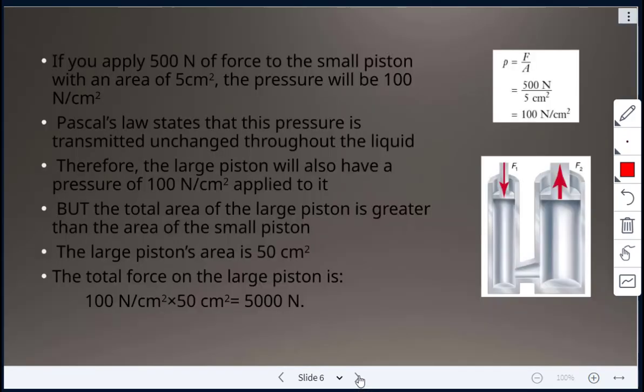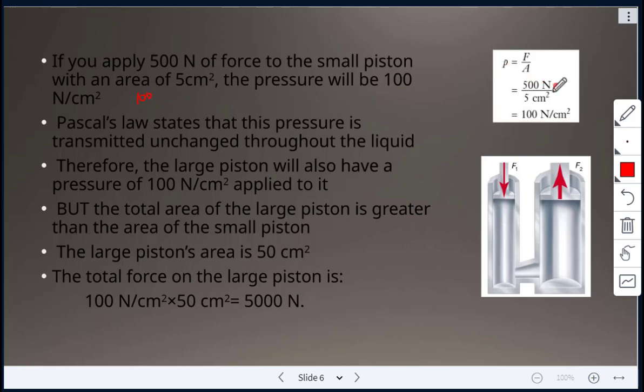All right, so let's say we are applying a force of 500 newtons to the small piston, and the small piston has an area of 5 centimeters squared. Therefore, the pressure will be 100 newtons per centimeter squared, which is the same thing as 100 pascals.